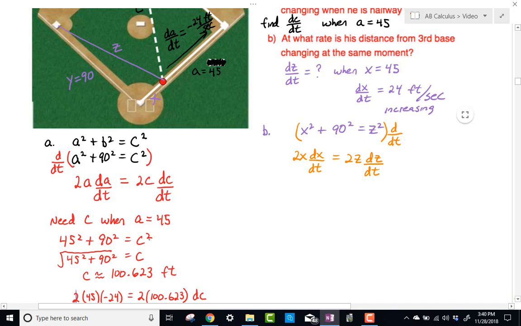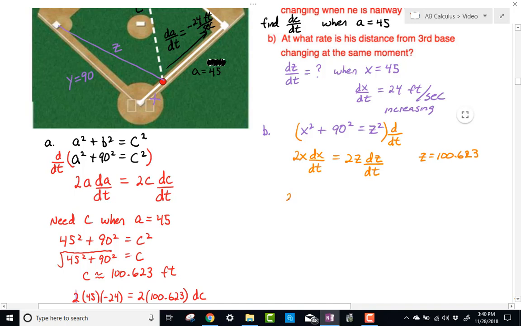Okay? So basically my Pythagorean theorem is going to come out to be the exact same value of z because I was halfway to first base. And so z is going to equal 100.623 feet. All right, so we just have to plug in.